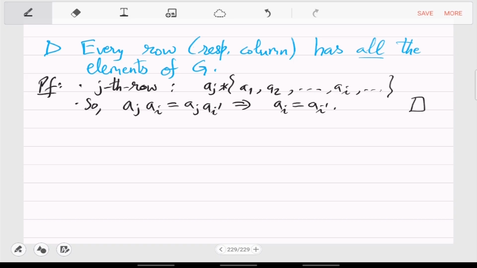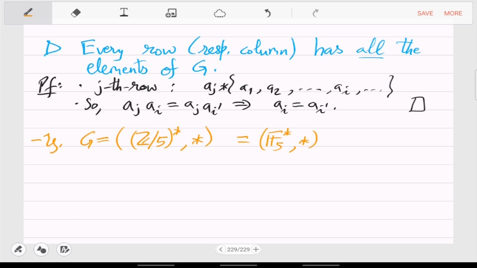Maybe you can see it in this example. If you take G to be Z5 star, which is the same as the field structure basically, the elements are 1, 2, 3, 4. 0 is missing.